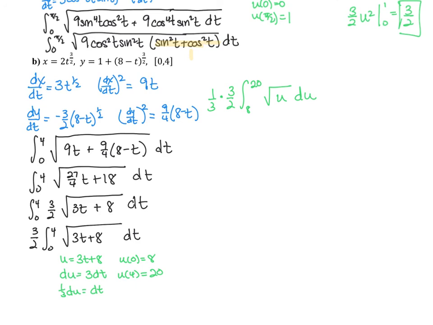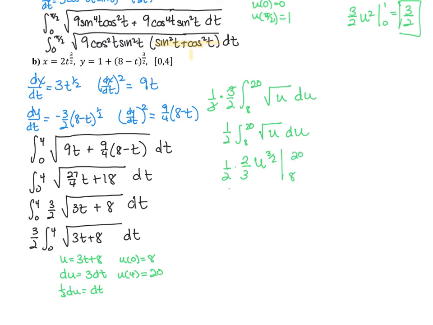Okay, and then let's take the antiderivative of that. Let's combine like terms here. So I've got 1/2 times the antiderivative of the square root of u du from 8 to 20. Now take the antiderivative. So I'm going to get u to the 3/2, up a degree, times 2/3, evaluated from 8 to 20.